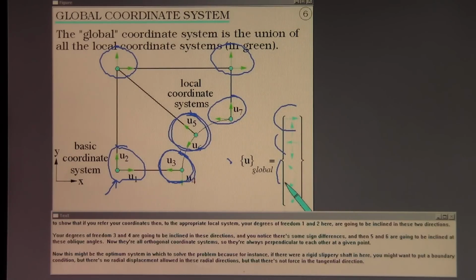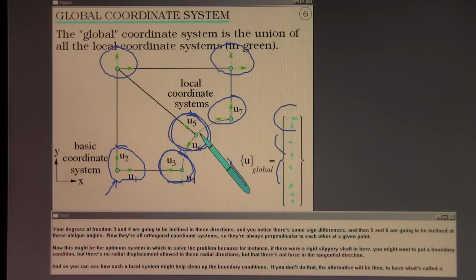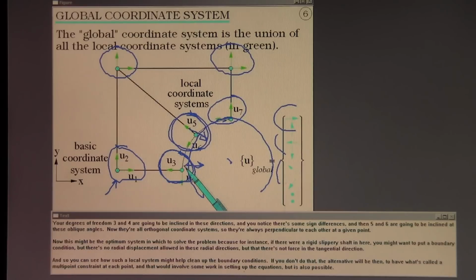Now, this might be the optimum system in which to solve the problem, because, for instance, if there were a rigid, slippery shaft in here, you might want to put a boundary condition that there's no radial displacement allowed in these radial directions, but that there's no force in the tangential direction.